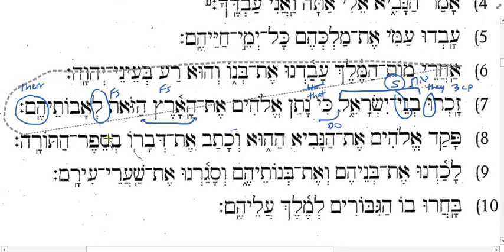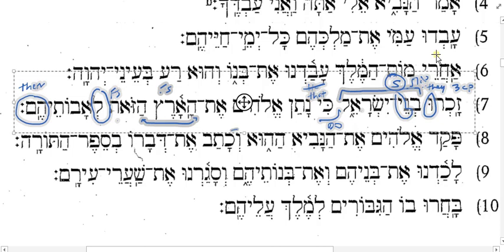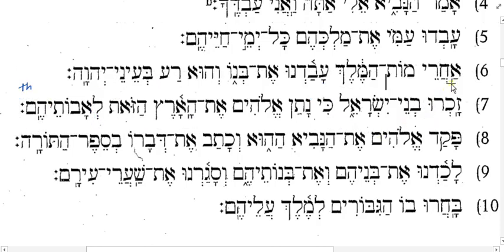Okay, let me get rid of that. What does acharei mean? Behind or after. Good. And here, it's a temporal "after," right? After something happened. So, what is mot hamelech? It's the death of the king.